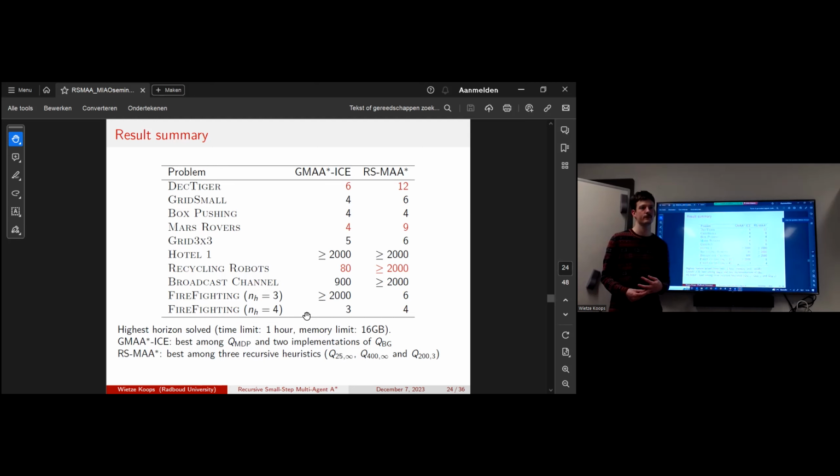And do you know these heuristic solvers? Or maybe you said a little bit about this before. Where would you use this in practice? Just curious. So you just have a setting where agents are interacting.